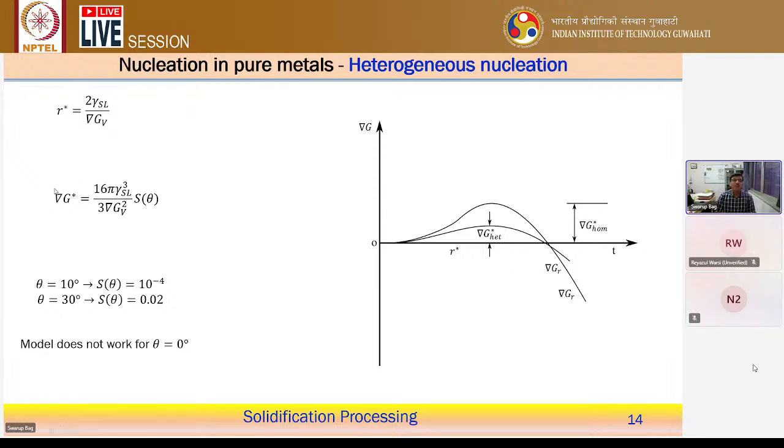Similar expressions can be used, multiplied by S theta, and you can see that R star is basically independent of the shape factor S theta. That's why the critical size of the nucleus is the same for both processes, but delta G star will always be less than that of homogeneous nucleation. But this model does not work when theta equals 0 degrees.